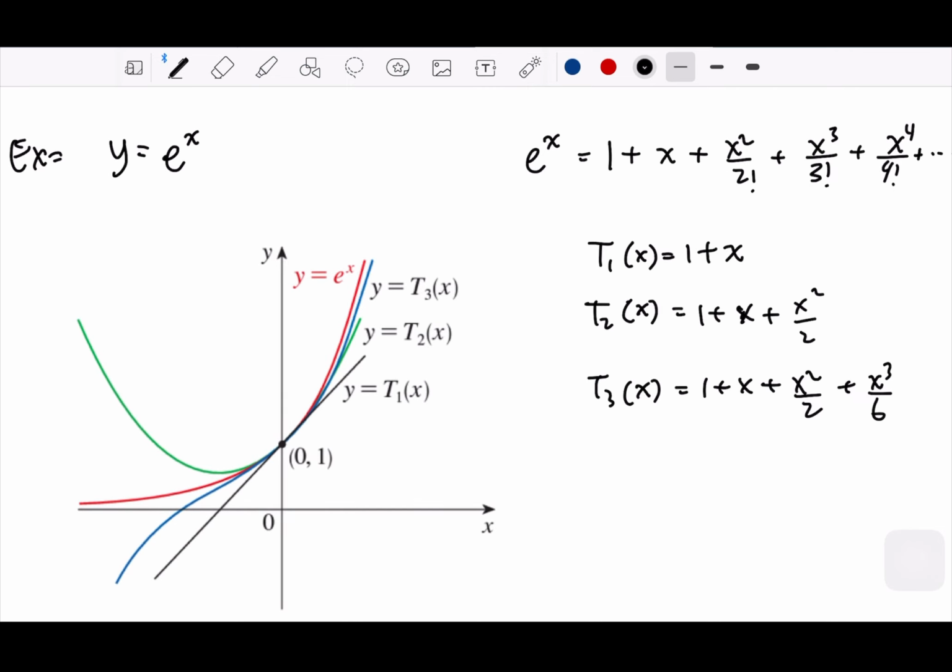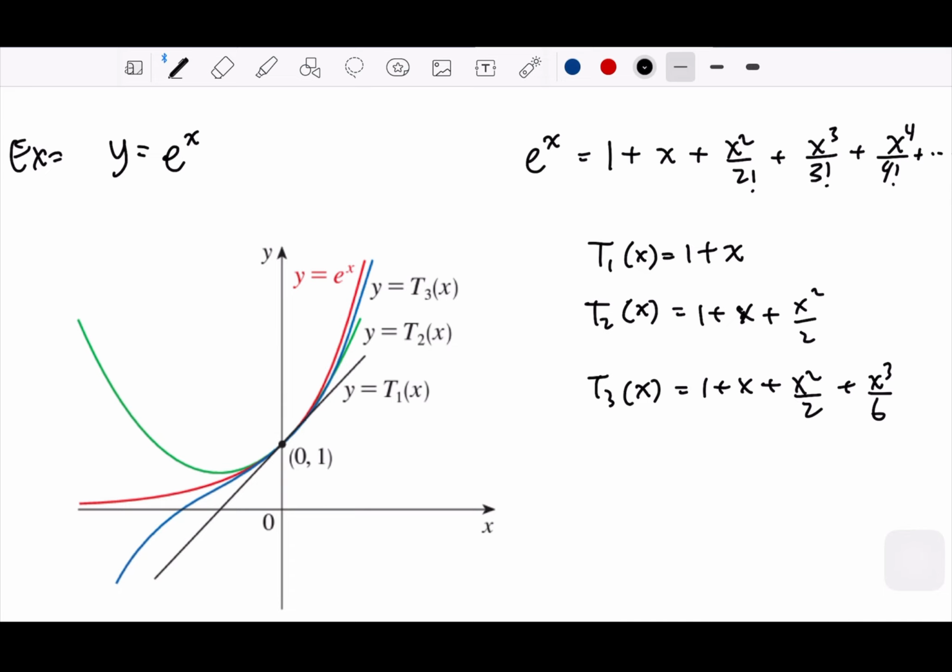there are certain points, right, that when you look at T1, T2, and T3, they all have different gaps to e to the x. But when we look at this point here, (0, 1), all the points nearby seem to be aligned together, right?